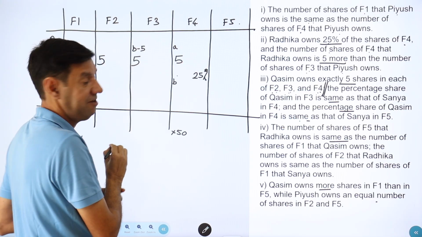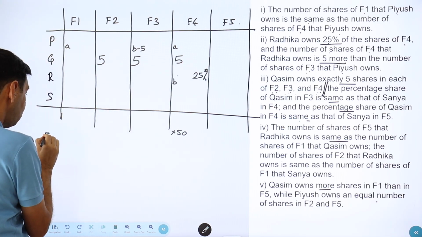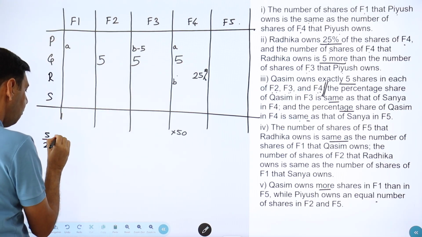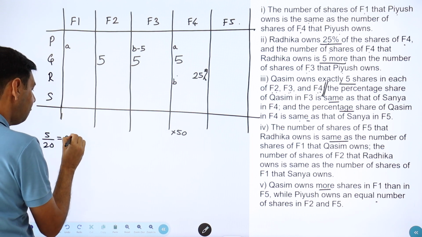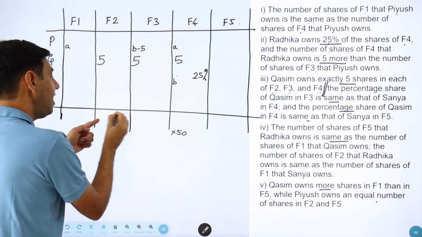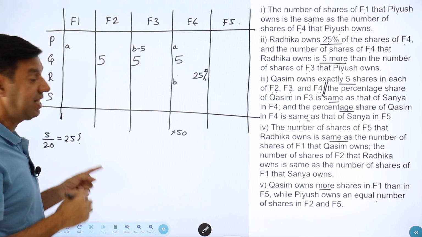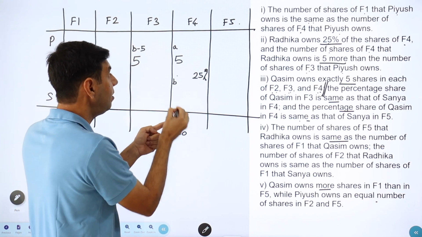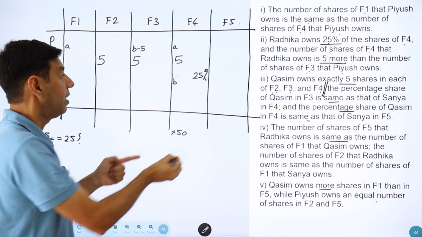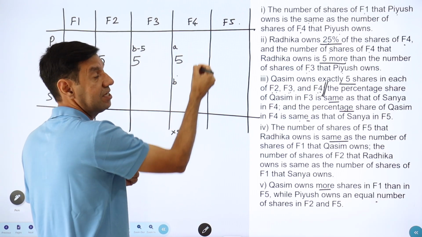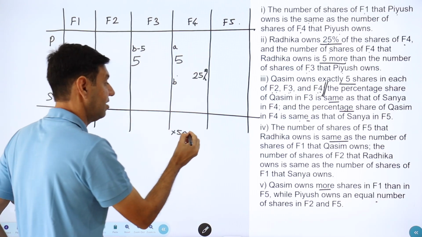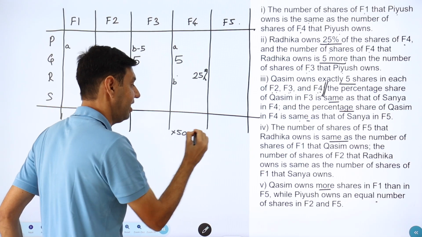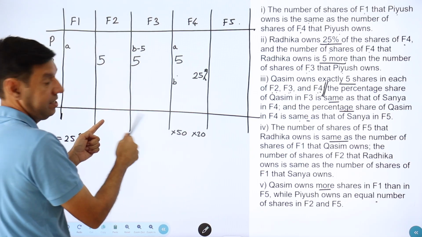All 3 are 5. So 5 out of 20 would mean 1/4, 25%. So 20 could be the total, but then the percentage will be 25%. So 20 cannot be for this column, because then both of them would have the same percentage of shares. So this cannot even be 20, but 20 could be here.